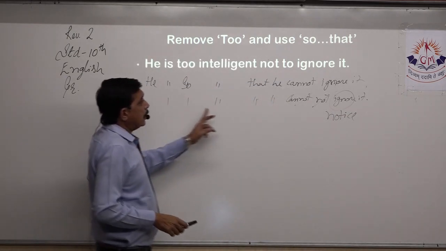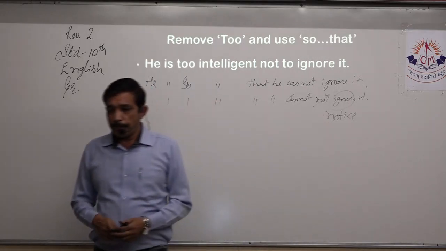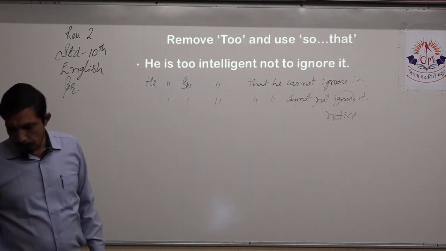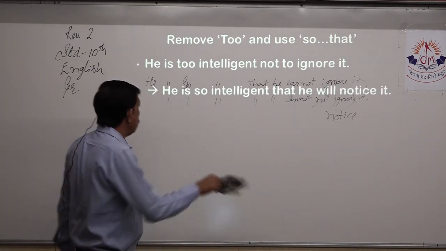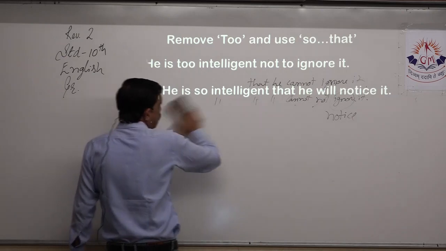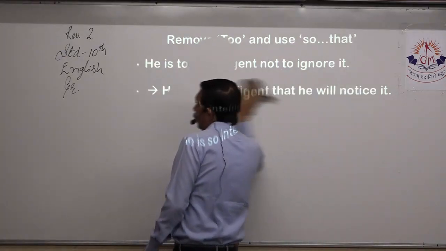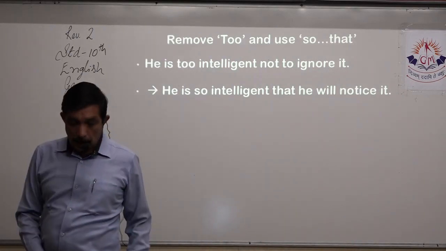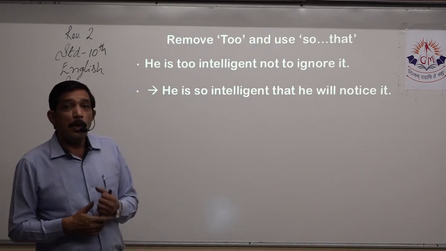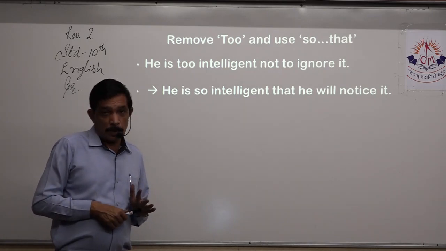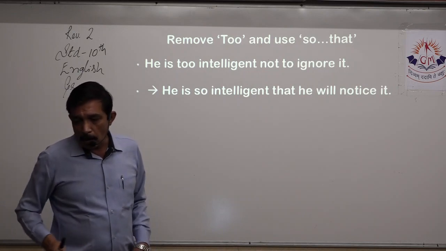So he is so intelligent that he will notice it. This we have already done previous year, and we have written that in the fair book as well. So you are well aware of it. Only thing is a little bit brush up so that you again recall what was taught last year, and we can go ahead and practice a lot.